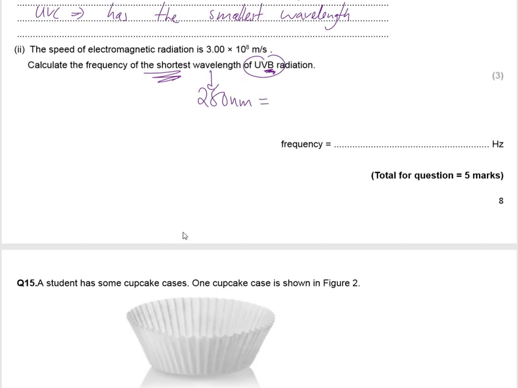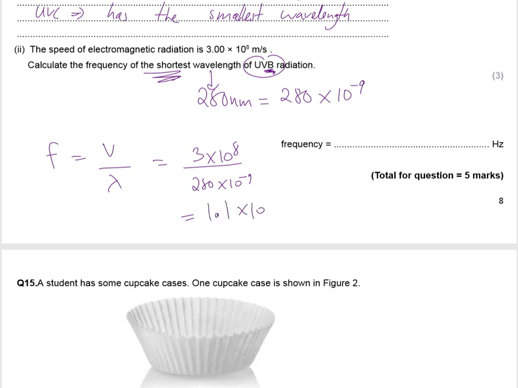Nanometers is times 10 to the power minus 9. So the equation becomes frequency is equal to speed divided by wavelength. Speed is given to us, wavelength we know now. This will give me an answer of about 1.1 times 10 to the power 15. Here we go.